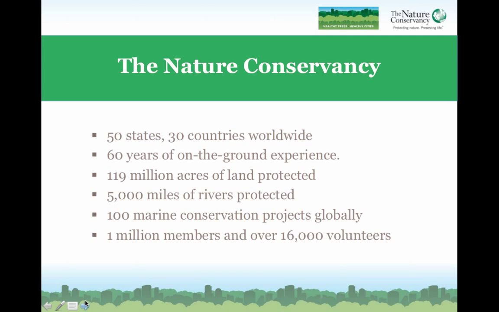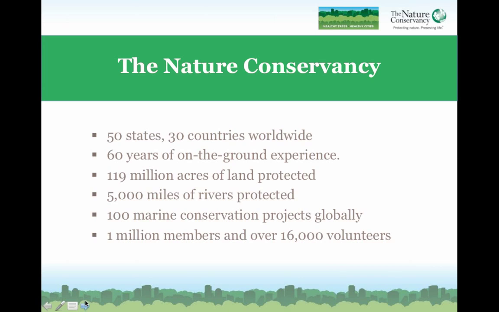Before we begin talking about our Healthy Trees, Healthy Cities program, I just wanted to touch on some of the goals and the successes of the Nature Conservancy. The Nature Conservancy is an international organization that currently works in 50 states and in 30 countries worldwide. We have over 60 years of experience in on-the-ground conservation.